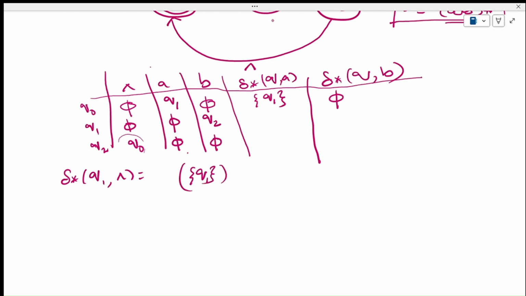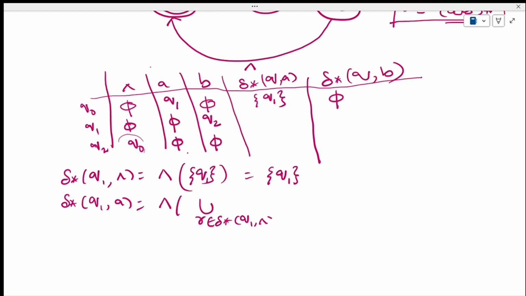Null closure of Q1 is Q1, and since there is no null transition on Q1, it remains Q1. Similarly, we need to find out delta star Q1 A, that is null closure of the union of delta R comma A, where R belongs to delta star Q1 comma null. We know already delta star Q1 comma null is Q1.